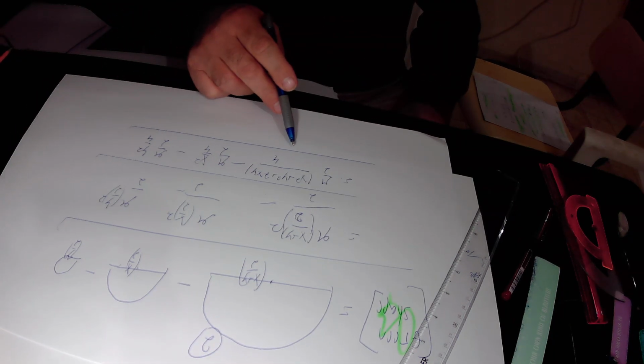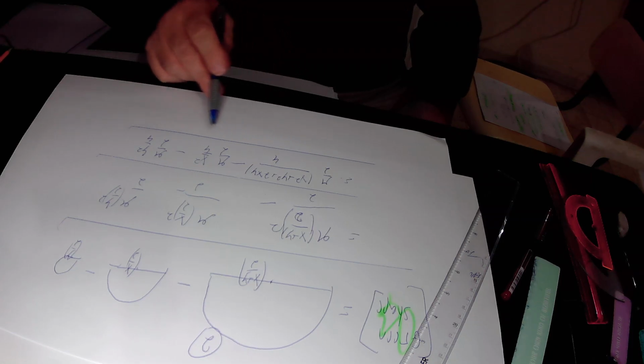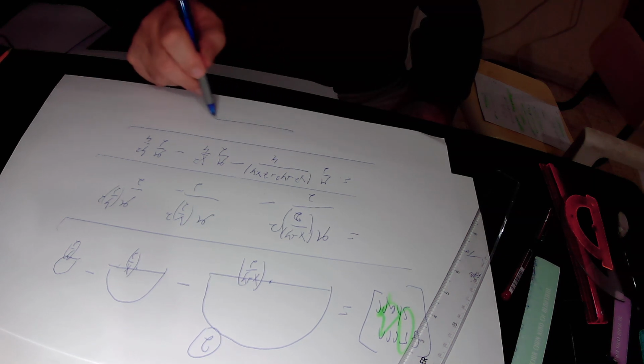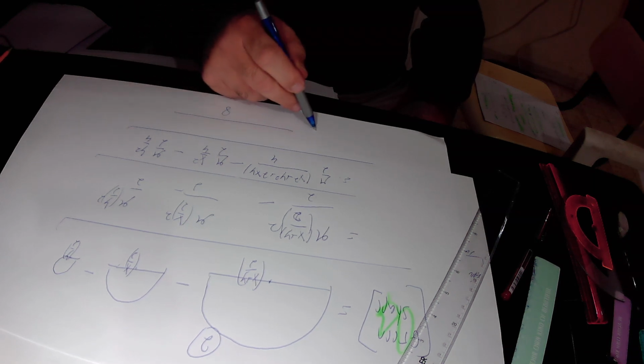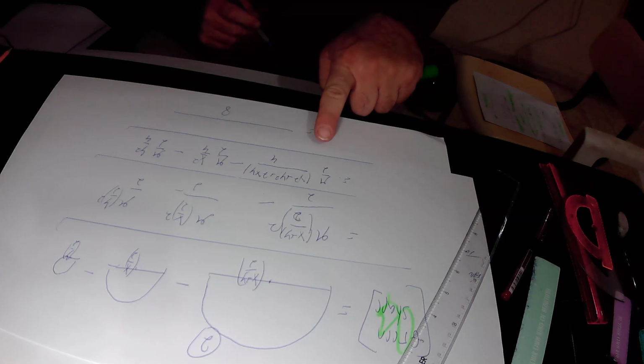In the denominator we have 8 in all those three expressions, so 8 will be taken as a common factor of those three expressions. So here we have pi times x squared plus y squared plus 2xy.